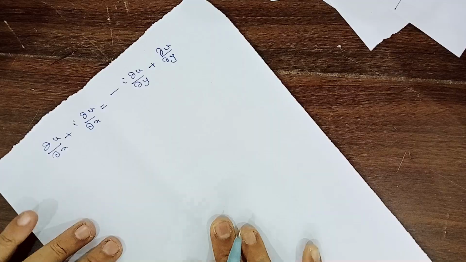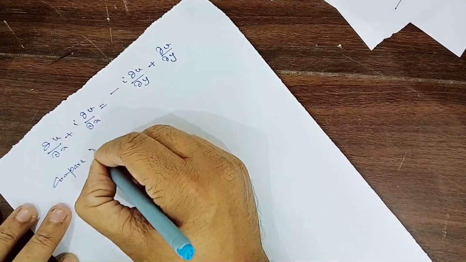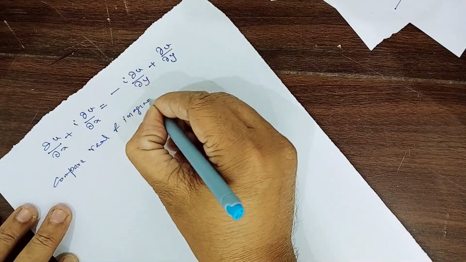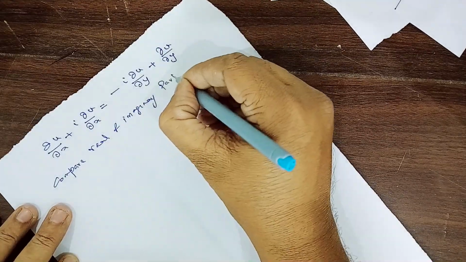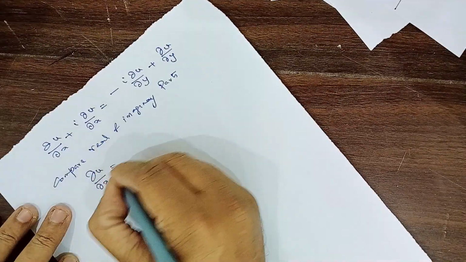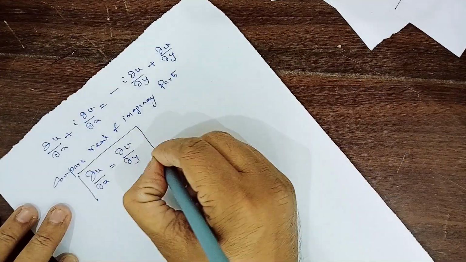Now, compare the real and imaginary parts. So we get dou u by dou x is equal to dou v by dou y. This is one equation.